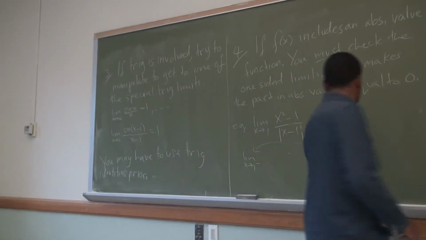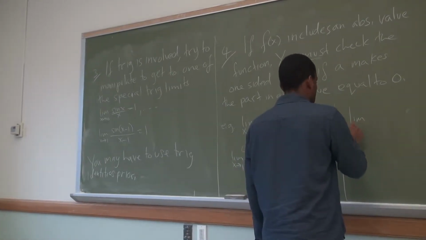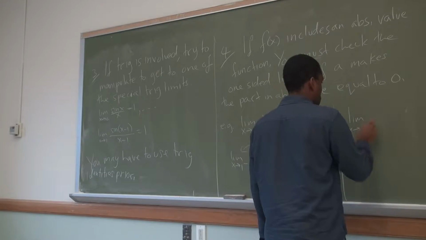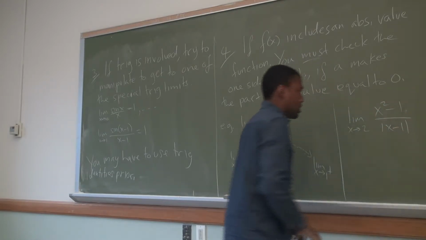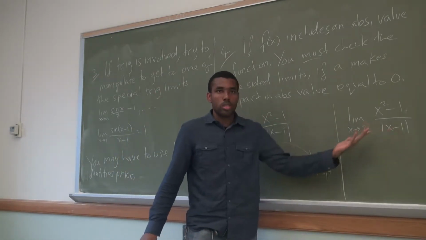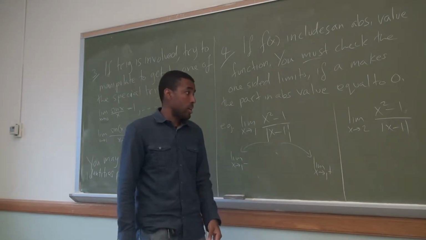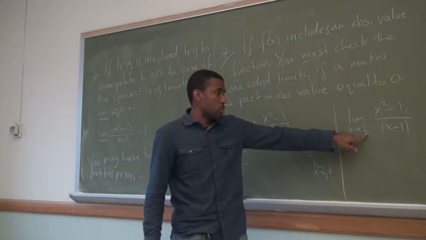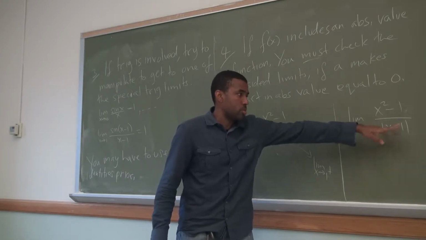If I had the limit as x approaches 2 of the same guy, here I wouldn't need to worry about the one-sided limits, because this guy is not going to 0. There's no reason to test what happens on either side. I just know that when x is 2, this guy is positive, so the absolute value will replace this with plus x minus 1.